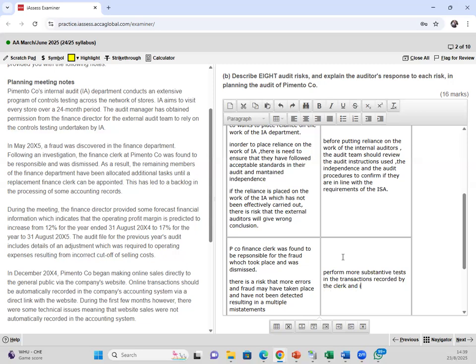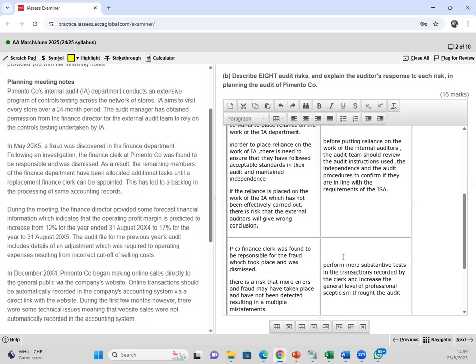And increase the general level of professional skepticism throughout the audit.